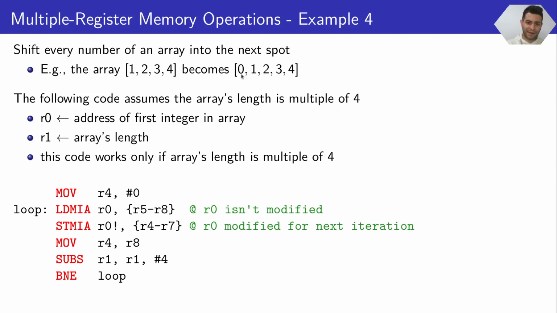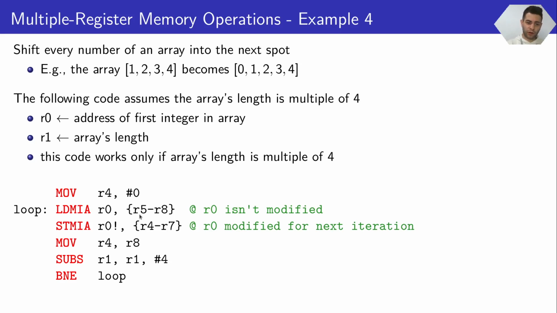0 will be this number. Then we are loading and incrementing after the value pointed to by R0, the first integer in the array, and we are moving the data into R5, R6, R7, and R8. So we are transferring 4 words into 4 different registers.